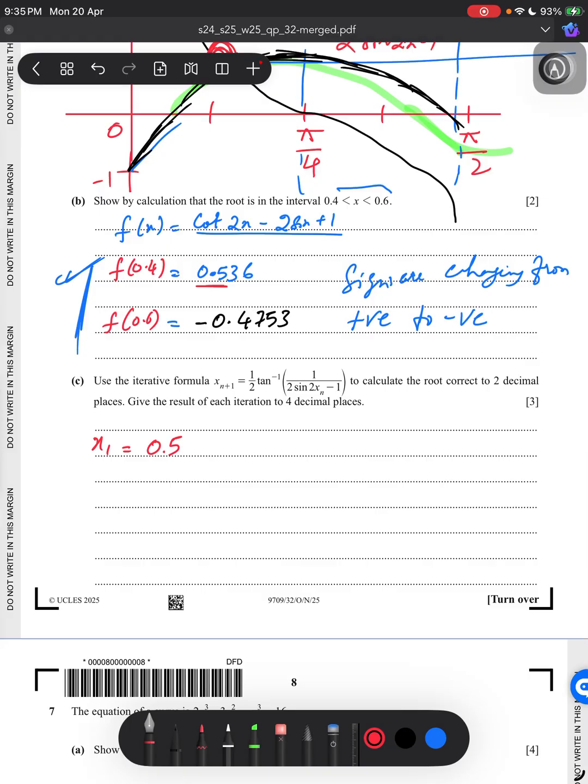So the formula would be 5 times tan inverse of 1 by 2 sine of 2x, and x is going to keep 0.9 minus 1, and this whole thing can be written. So x2, x3, x4.